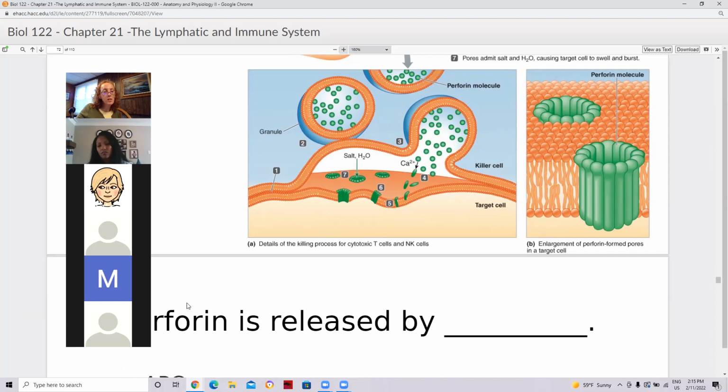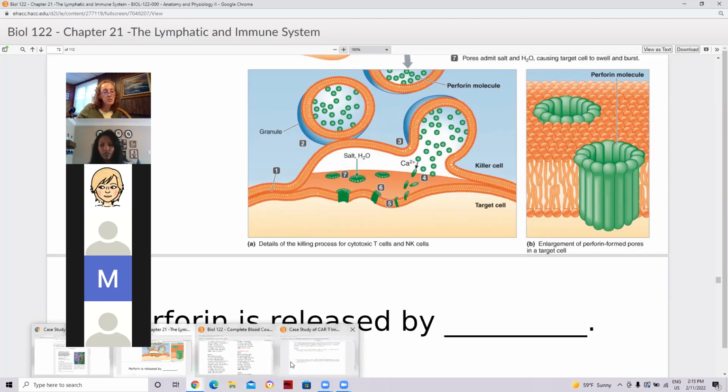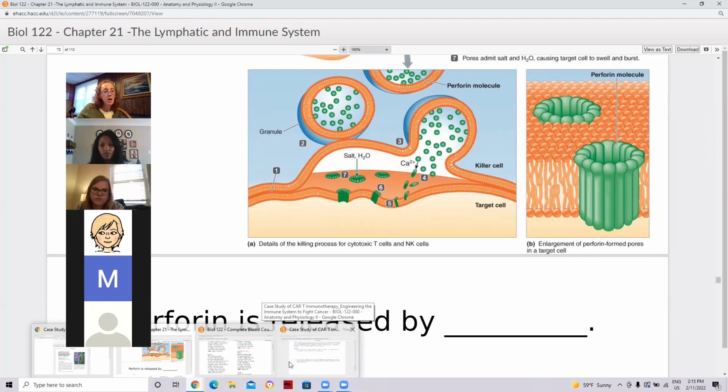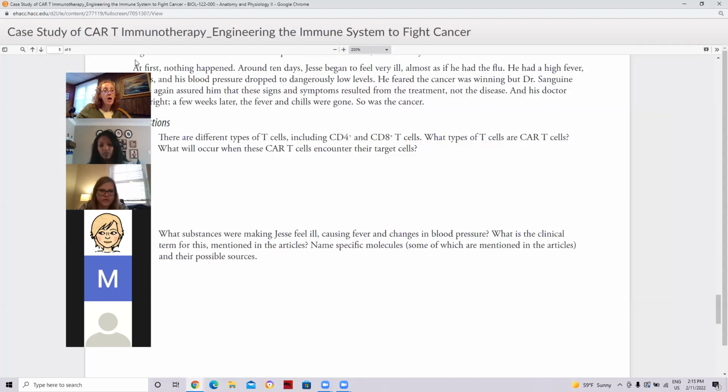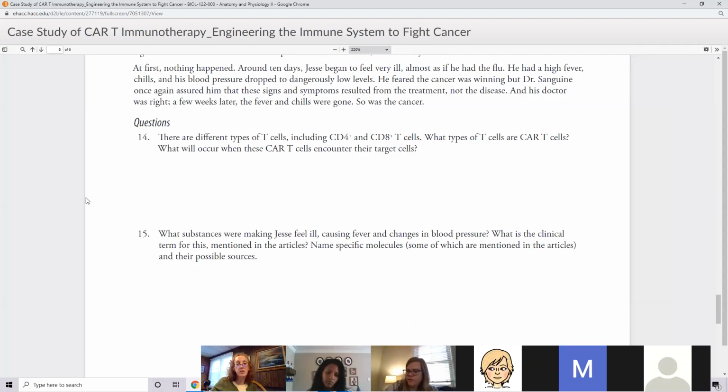So do you know what questions you need to do of those case studies? Do you want me to repeat them? It's all of them, but 8, 10, 11, 13, and 15. Don't do 15.